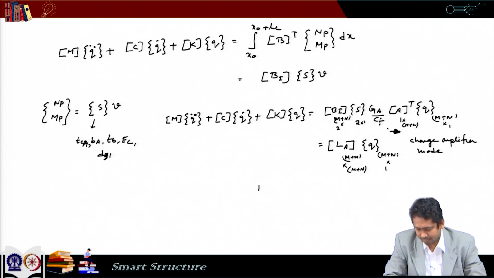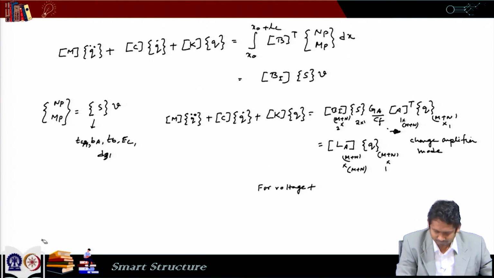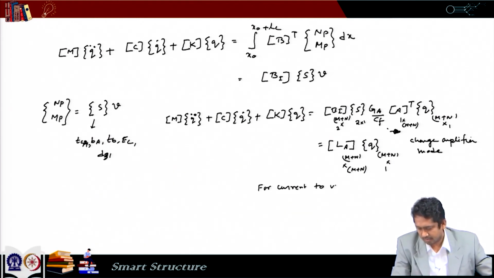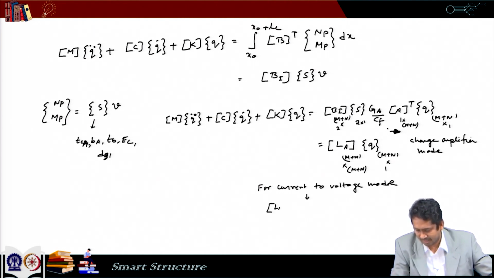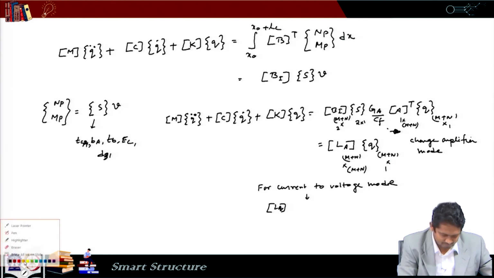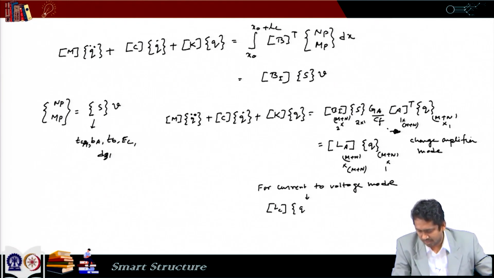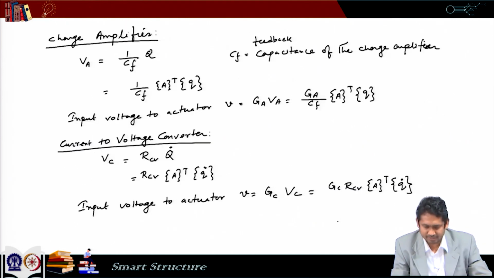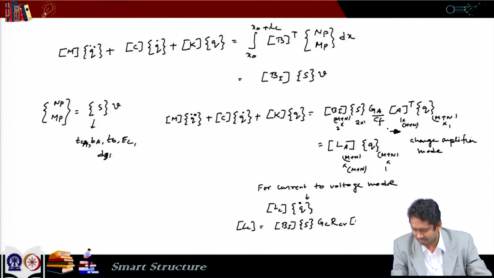Now, for current to voltage mode, the same expression becomes LC over Q dot, where LC is BI over S, then we have GC RCV, we defined GC RCV, and we have A transpose.